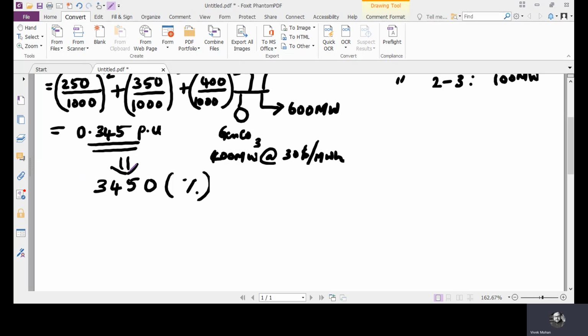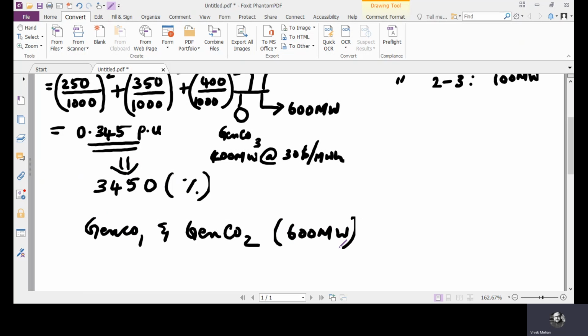Now the transmission line limits are imposed on the system in this case. So the cheapest sources here are Genco 1 and Genco 2. What is their total capacity? 350 plus 250, right, which is 600 megawatts. That means our load is 600 megawatts.